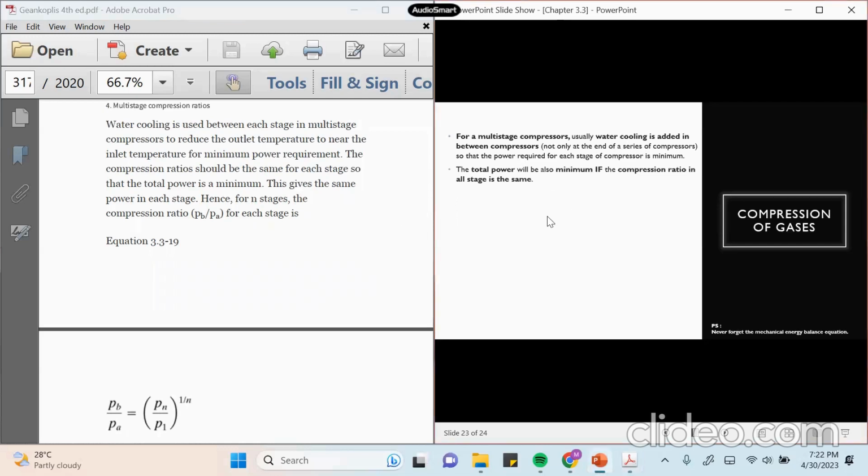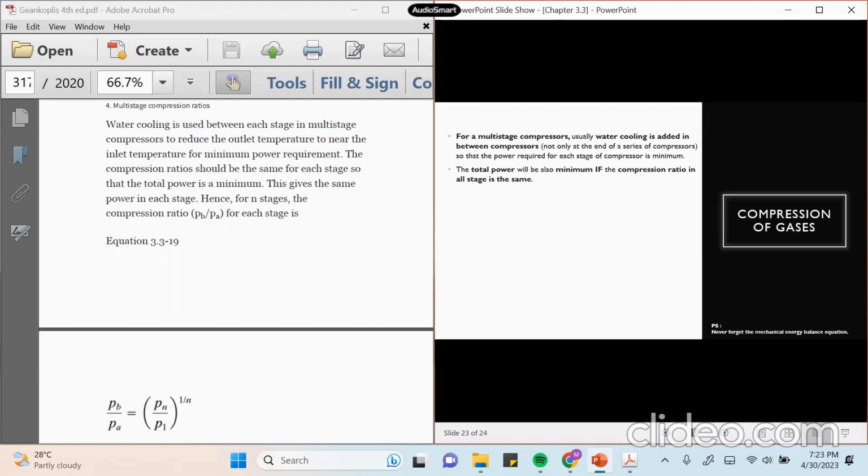Now, the total power will also be minimum if the compression ratio in all stages is the same. So if the first compressor increases the pressure 10 times, the second one 10 times, and the third one also 10 times, it's 1,000 times the pressure, right?